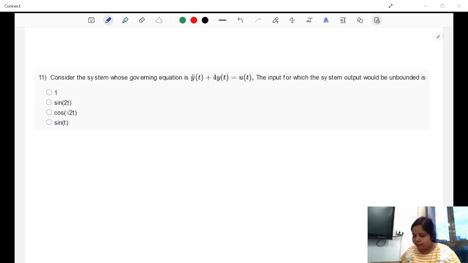Maybe I can show at the end. So for BIBO stability, what was said is that if we were talking about stability and performance, then in other words, we can say that for all bounded inputs, we get bounded outputs, then the system is BIBO stable.